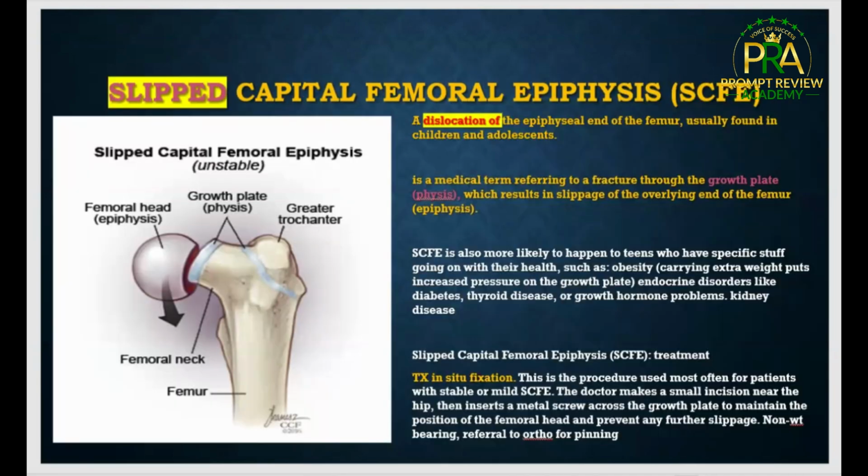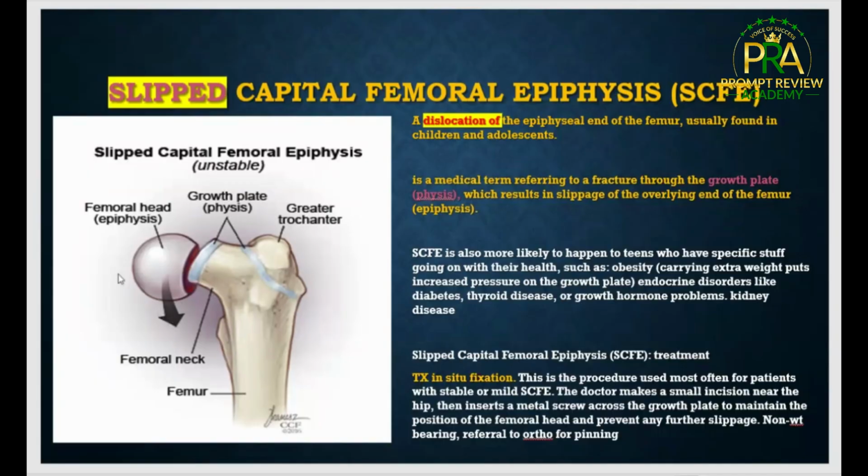Then the next condition is the slipped capital femoral epiphysis. From the word slip, like something, there is a shift. So what is that telling us? There is like a dislocation. There is a shift.